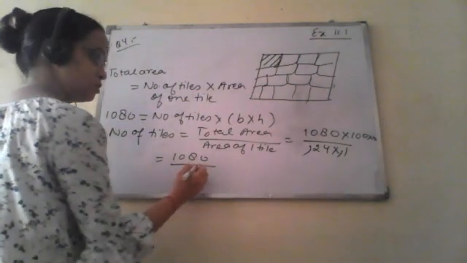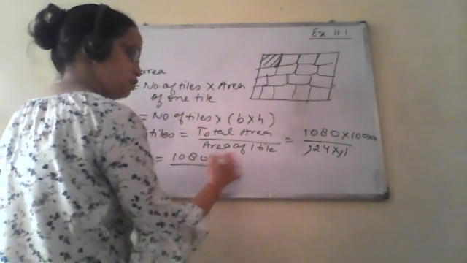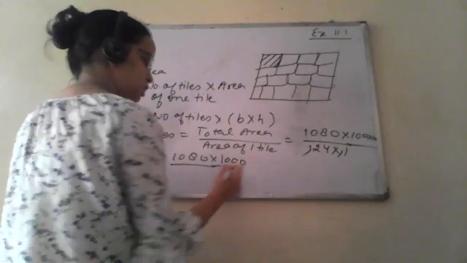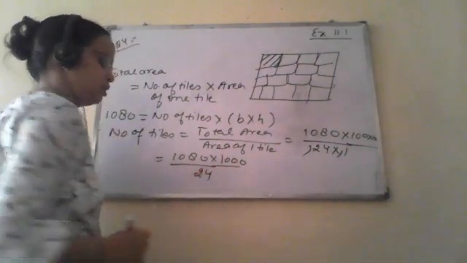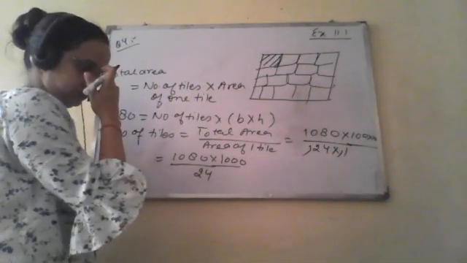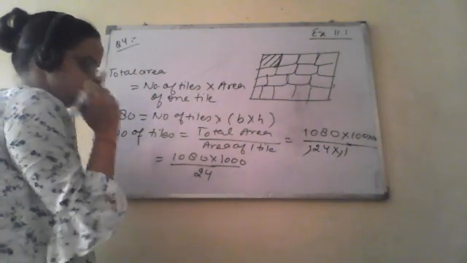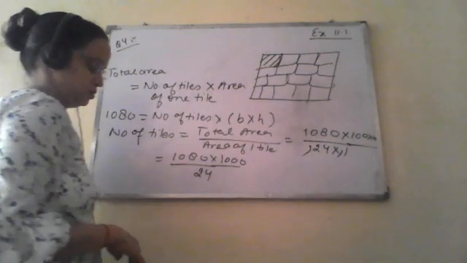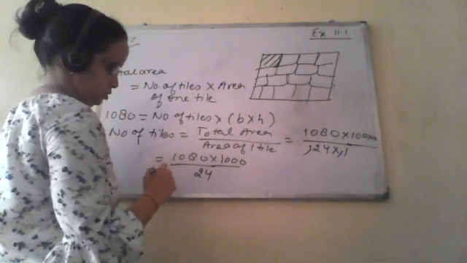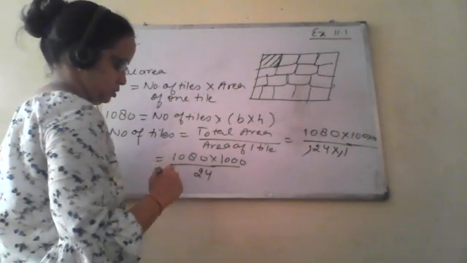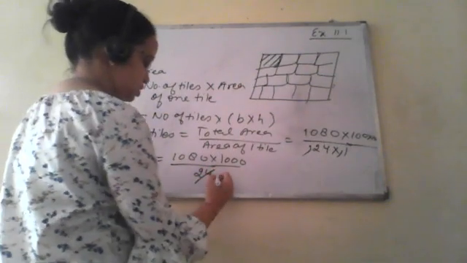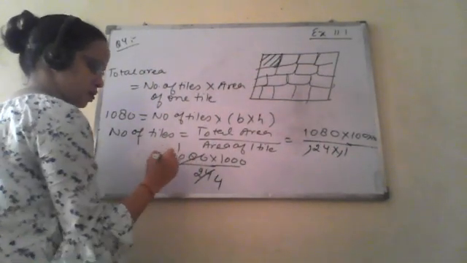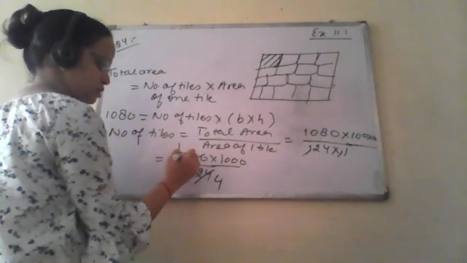So it will be 1080 into 100 into 10, that is 1000, upon 24. 6 fours are 24 and 6 ones are 6, 6 eights are 48.